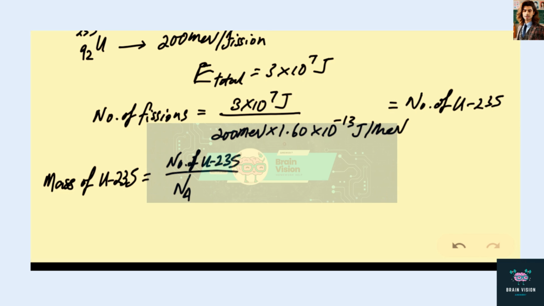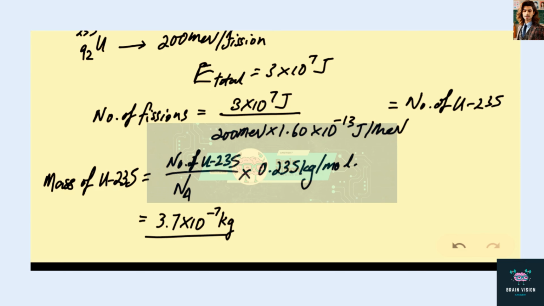This will give us the number of moles, and then we multiply that by the molar mass, which is 235 grams per mole. Substituting everything in, we should get a value of 3.7 times 10 to the power minus 7 kilogram. This is way smaller than the mass of the coal that is required, which is 1 kg.